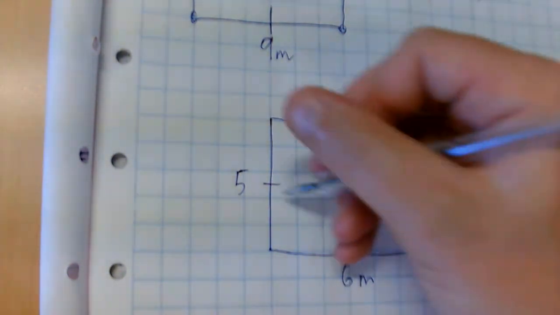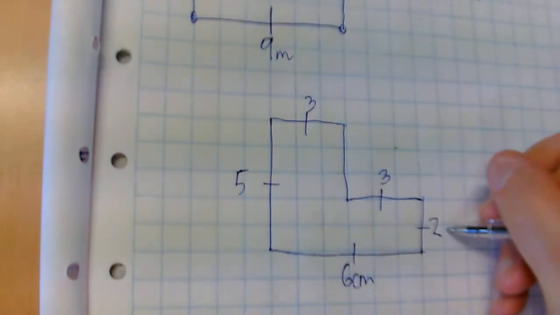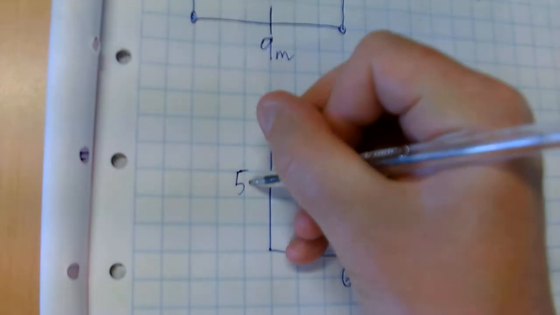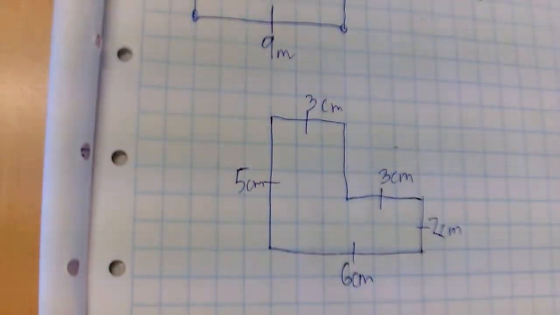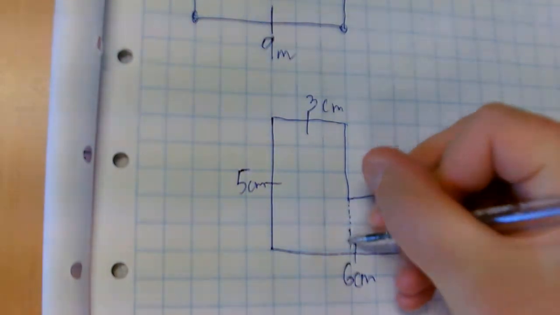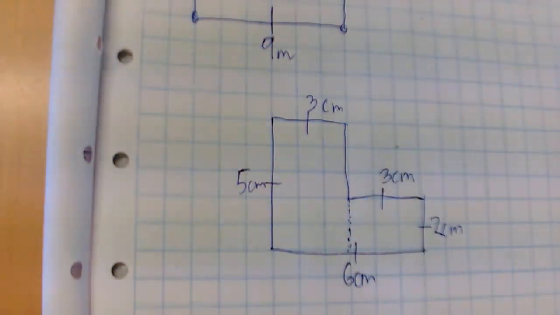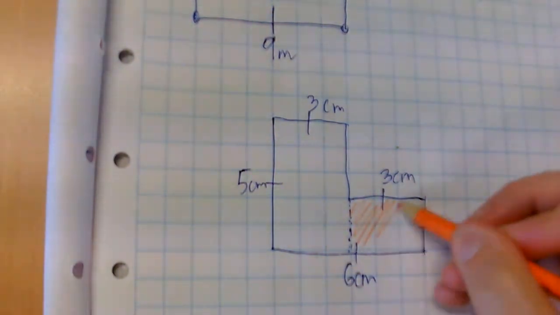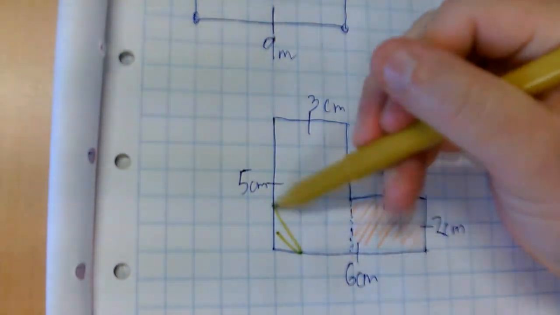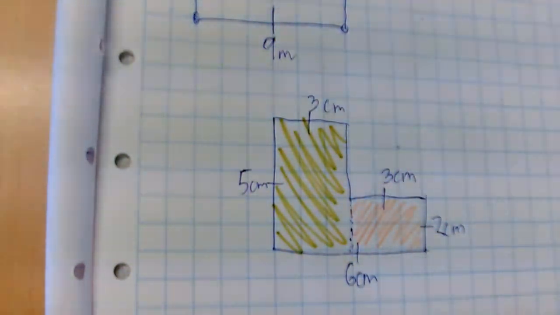Let's say they're in metres. Let's go centimetres, we'll keep it relevant to the grid paper. How could you work out the area for that? I'll give you one clue. That's all the clues I'm going to give you.